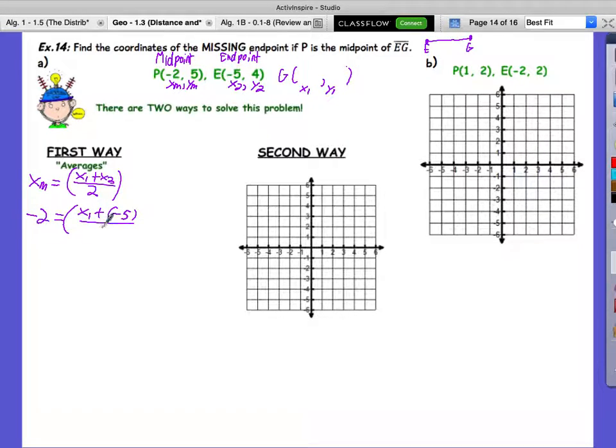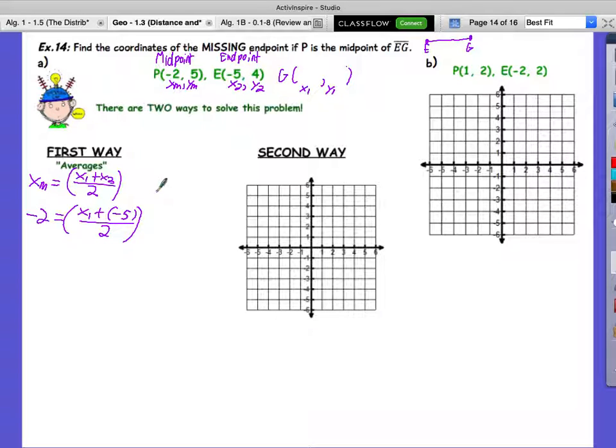And that's still being divided by 2. So notice we still really did a very similar thing. We took this formula and we plugged in what we knew. Make sure we're writing this down with me. The only thing that's changed so far is instead of knowing x sub 1, we now know x sub m.